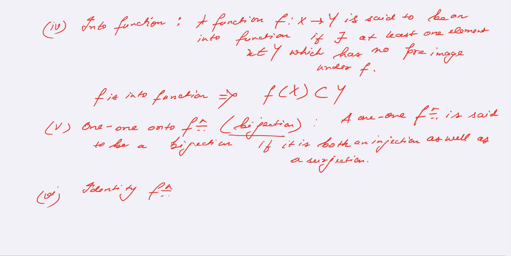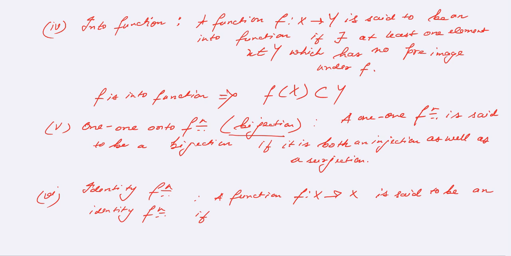A function f: X to X is said to be an identity function if f(x) equal to x for all x belonging to the domain.